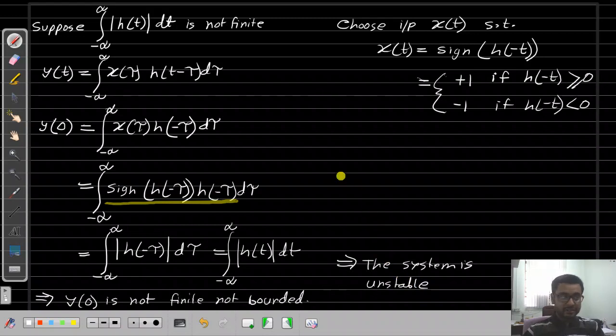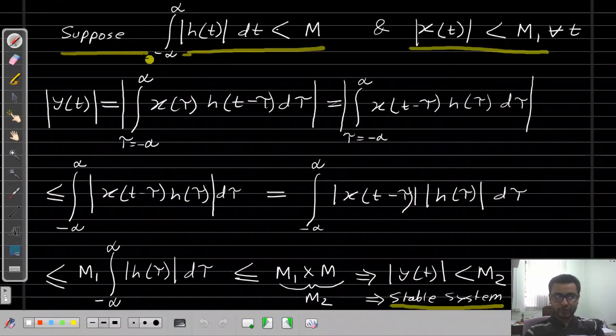That means if this integration is not finite, the system is unstable, and previously we have shown that if this integration is finite, then the system is stable.